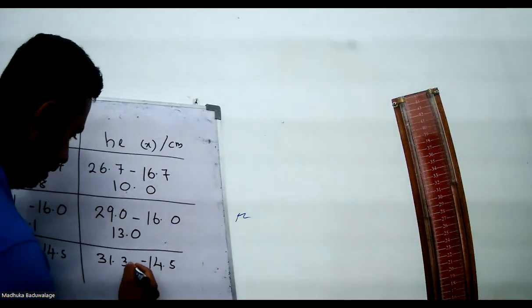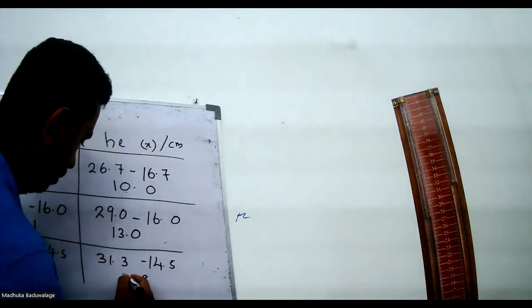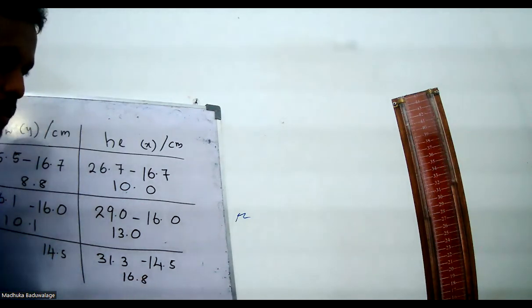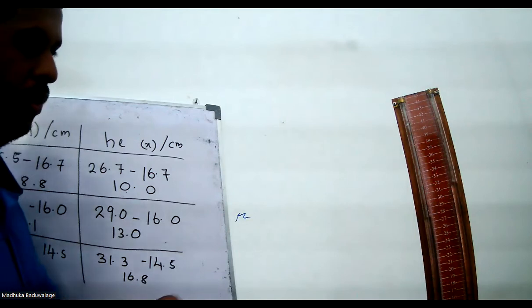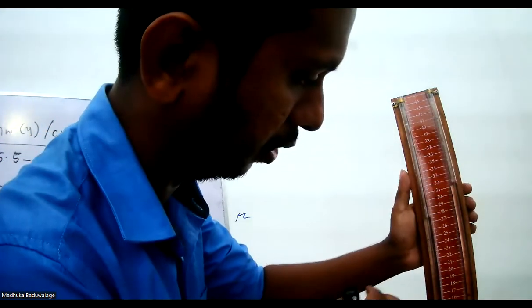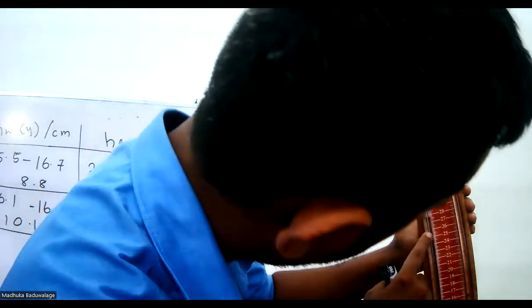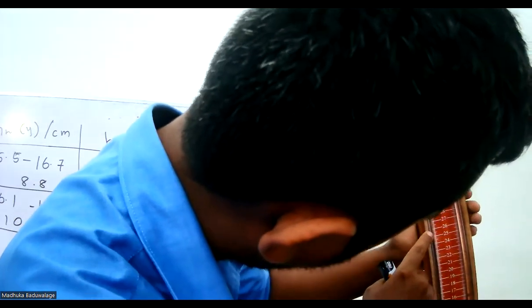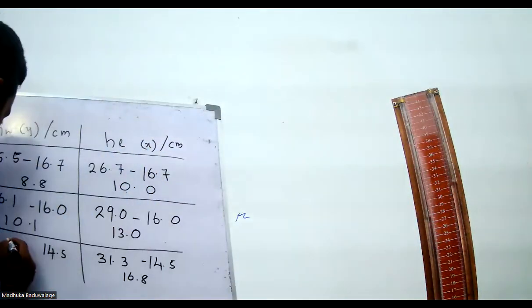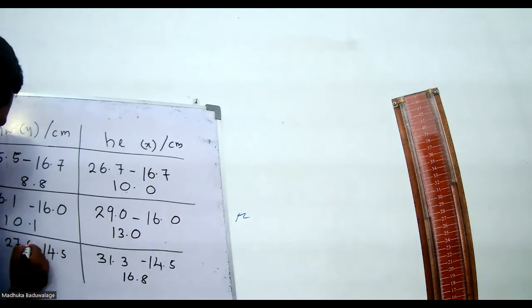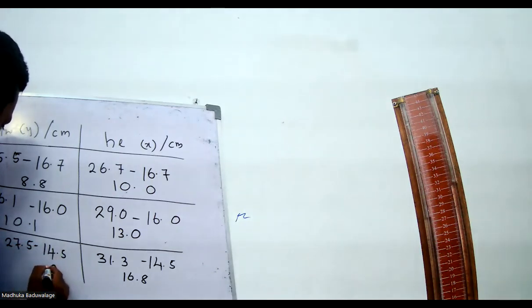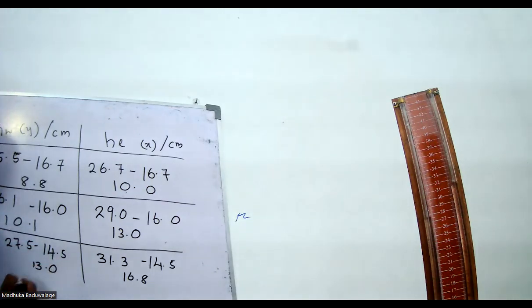Therefore, the difference is 16.8. Now I am going to find out the upper meniscus position of the water column. It is 27.5. Therefore, the new coordinate is 16.8, 13.0.